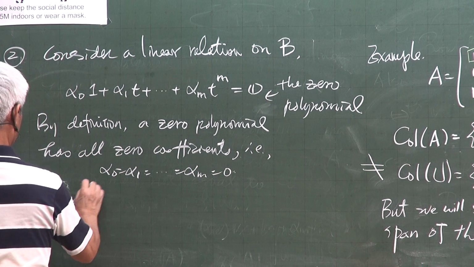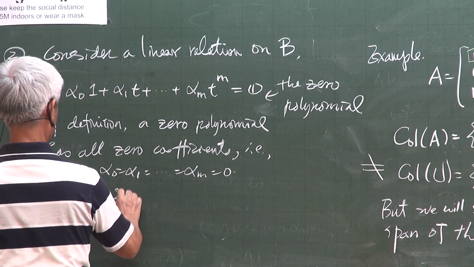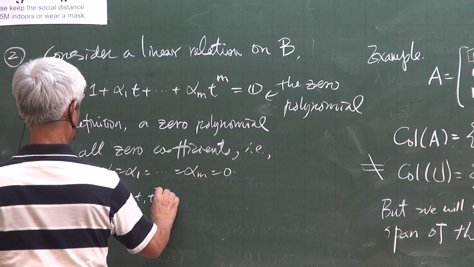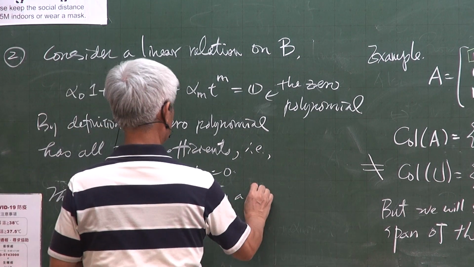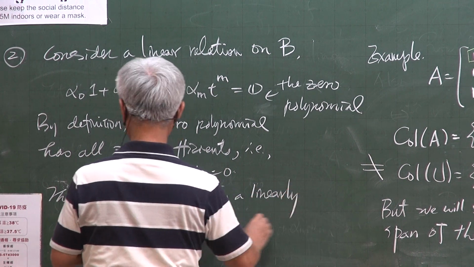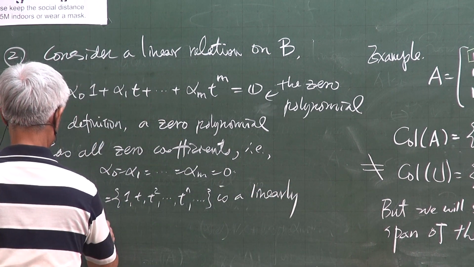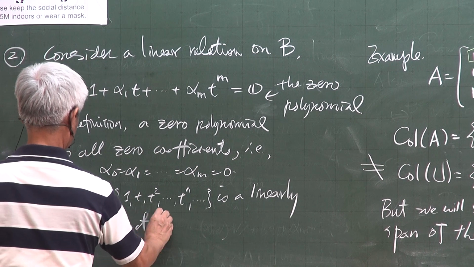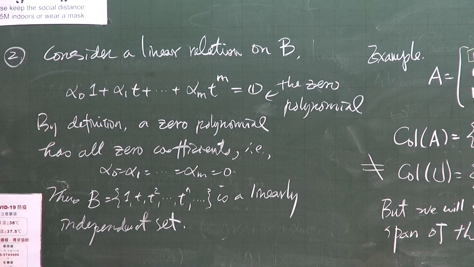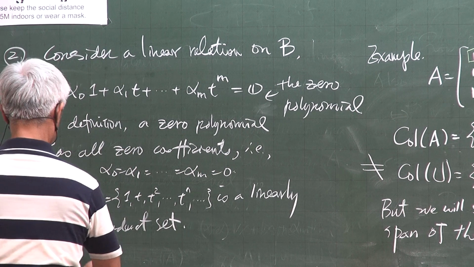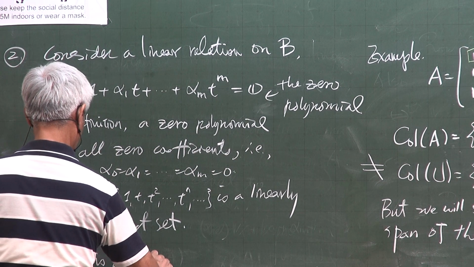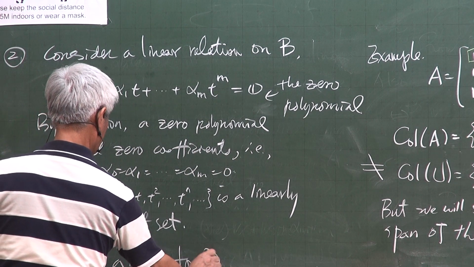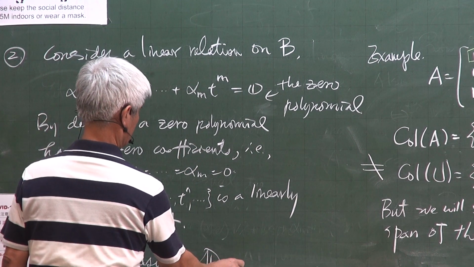So B is a linearly independent set. So B is a basis for P.